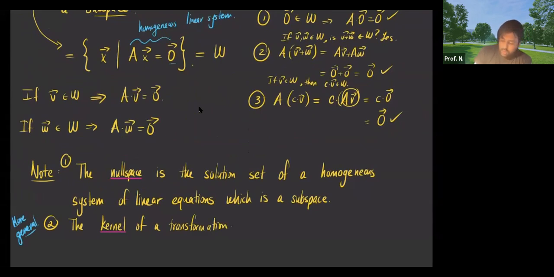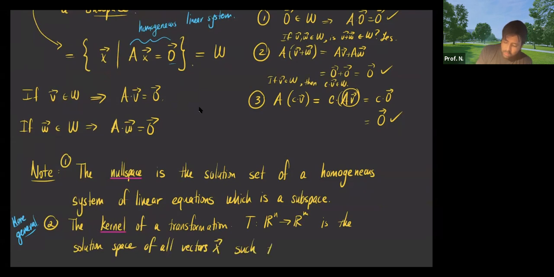The kernel of a transformation T from Rn to Rm is the solution space of all vectors x such that T of x is 0. Again, we're talking about the same thing: kernel, null space, solution space.